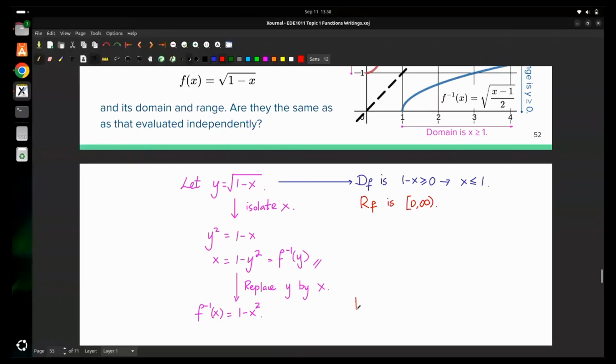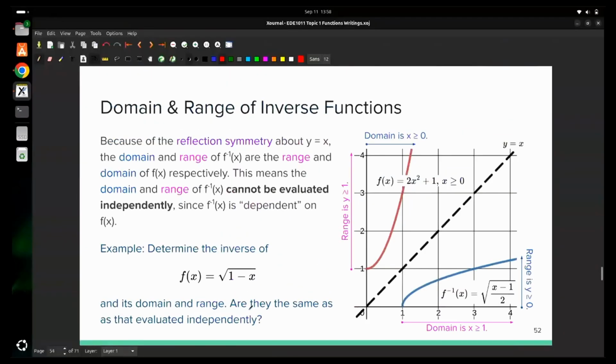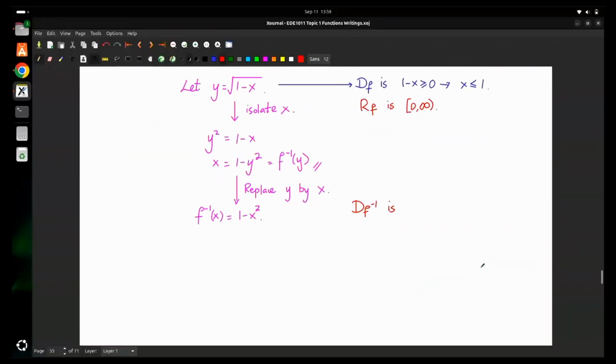You do not analyze the domain of f inverse from the expression here, because if you analyze it from here, then you're going to get R. Previously we mentioned the domain and range swap, which is what we're going to do here. So the domain of f inverse is exactly just the range of f.